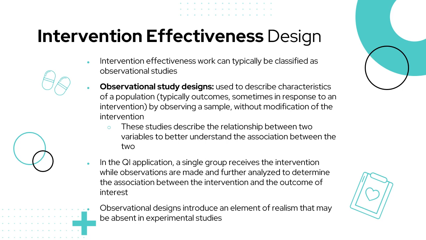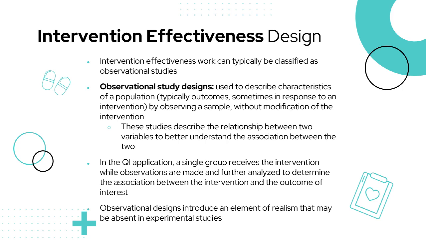Observational study designs are used to describe characteristics of a population, typically outcomes, in response to an intervention by basically observing the sample without modification of the intervention. All right, so I'm not changing the intervention while the study is ongoing. This study is going to describe the relationship between two variables to better understand the association between the two, right?